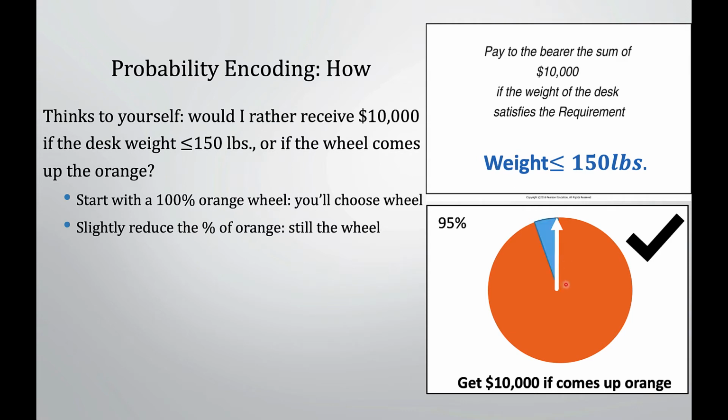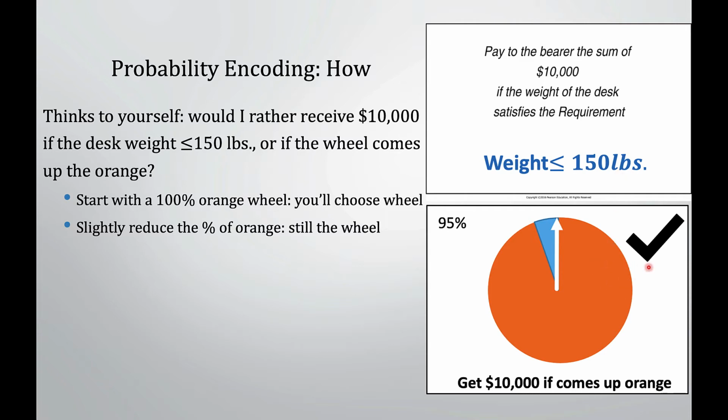Okay, let's do that. First, let's reduce the orange area to 95% of the pie. Which one of these two would you choose? Okay, well, I don't think the weight is that likely to be under or equal to 150 pounds. I would still choose this roulette.